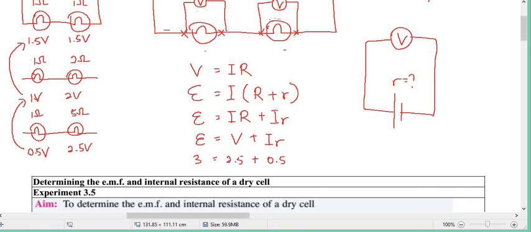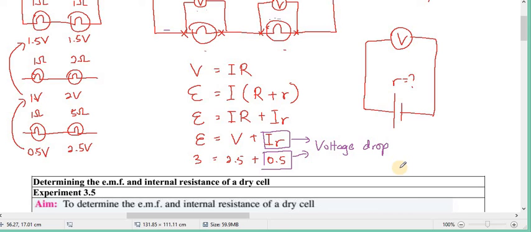So this amount of voltage, we give it a name, which is called voltage drop, okay? Because when you turn on, it drops by this amount. So this is the voltage drop.